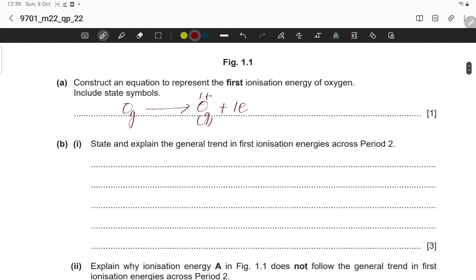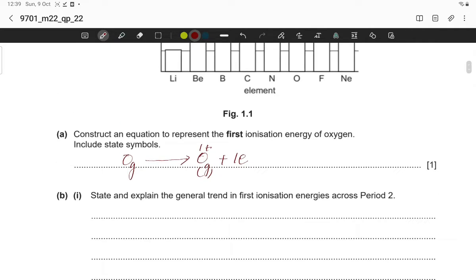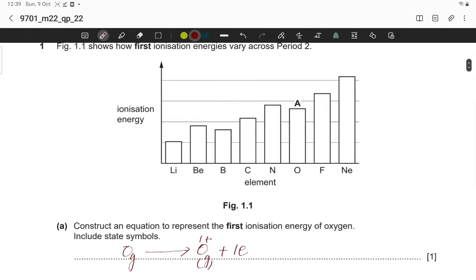Question number B1: state and explain the general trend in first ionization energies across period 2. As the figure shows, the general trend across the period is that ionization energy is increased.